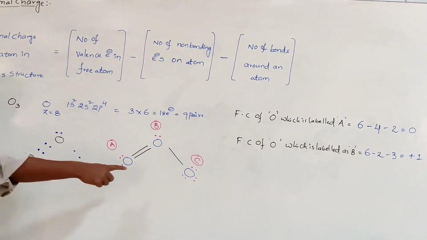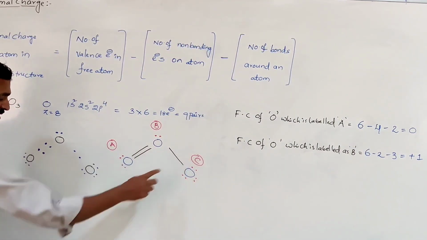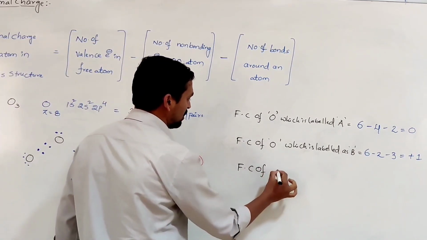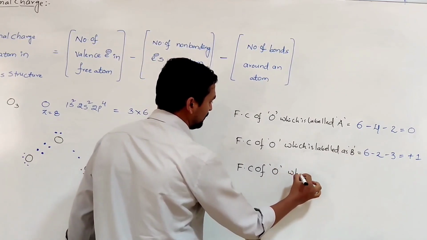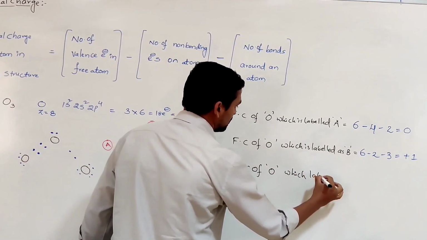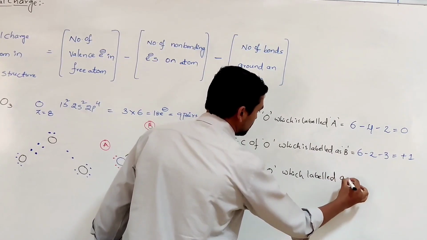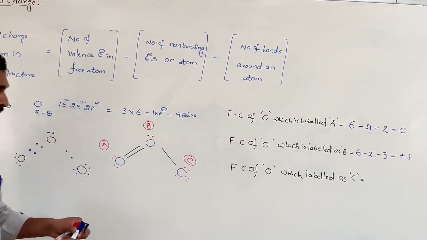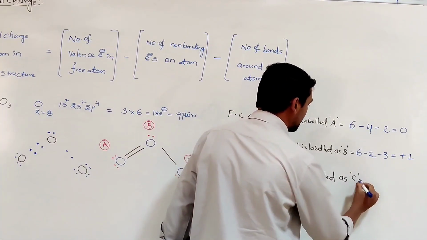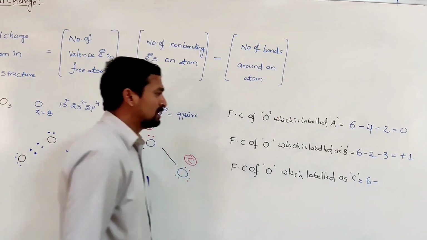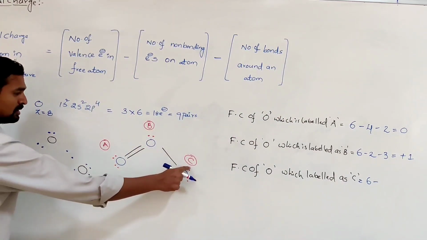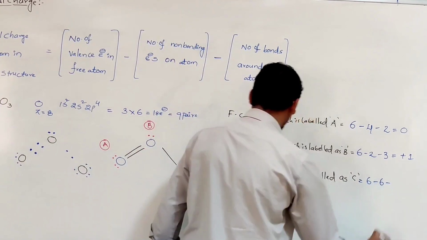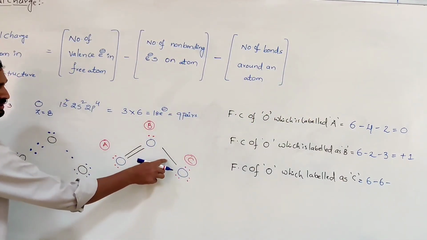Then go to the formal charge of the oxygen atom which is labeled as C. Formal charge of the oxygen atom, which is labeled as C, is equal to the number of valence electrons, which you know very well is 6, minus how many non-bonding electrons are present? 2, 4, 6. 6 minus how many bonds are present around this oxygen atom?